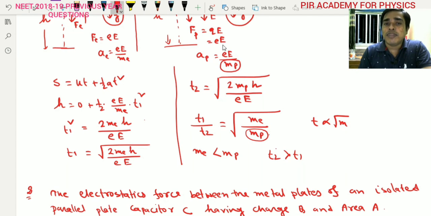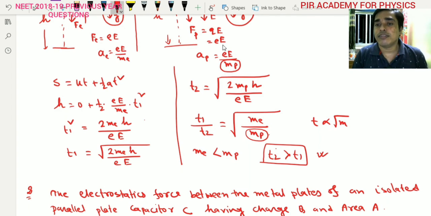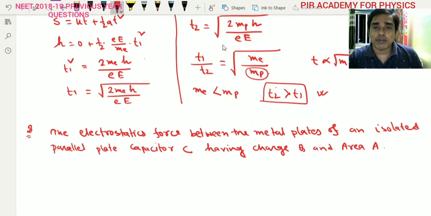So T2 is greater than T1: the time taken by the proton is greater than the time taken by the electron. Okay, this is the condition. So this is the answer for question number 1.